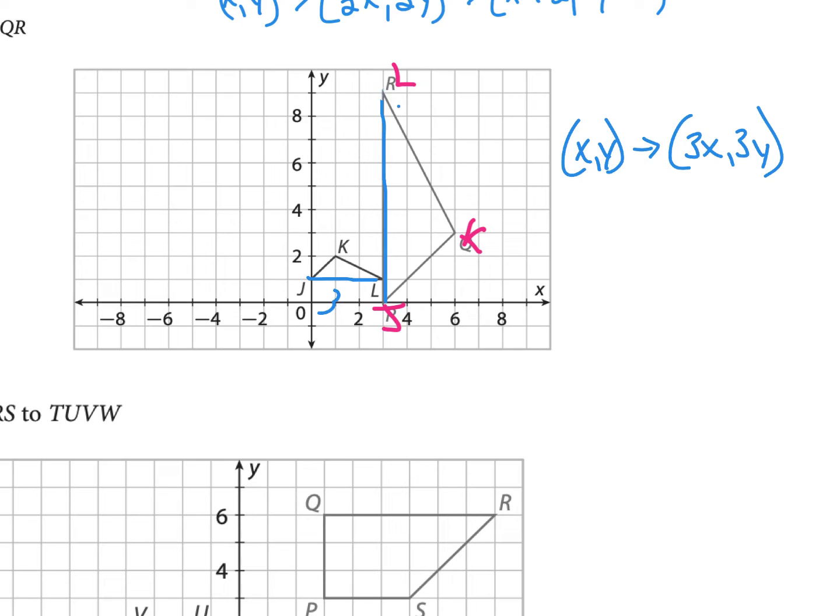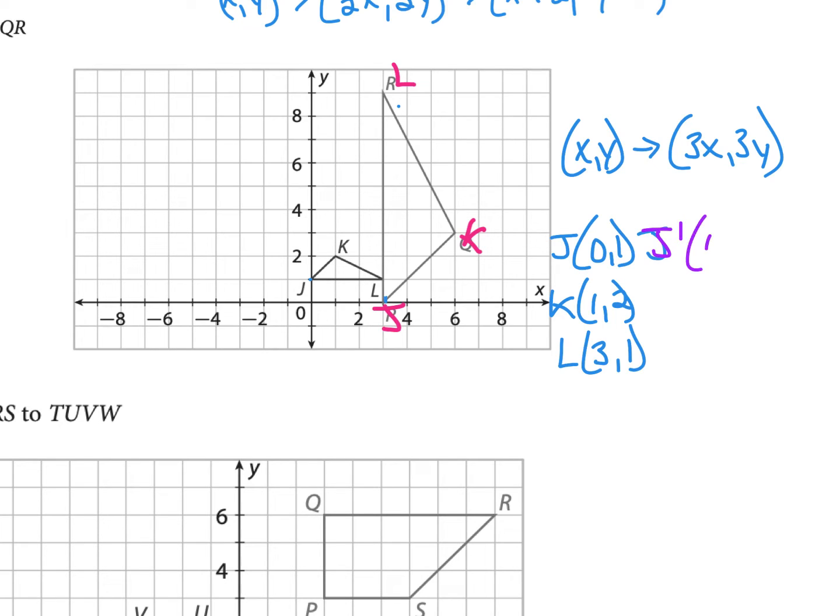And then let's check this out. J is at 0, 1. K is at 1, 2. And L is at 3, 1. Now, I'll put in purple.